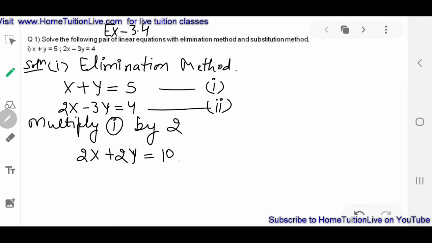Okay. Now subtract the second equation from this equation.